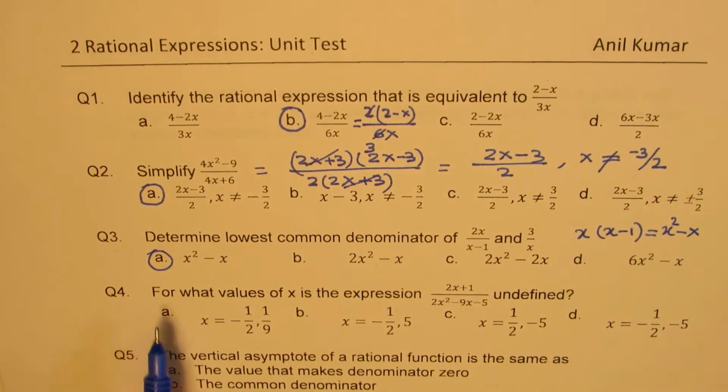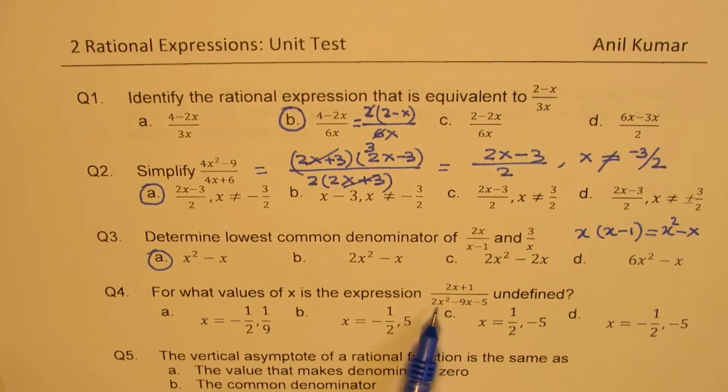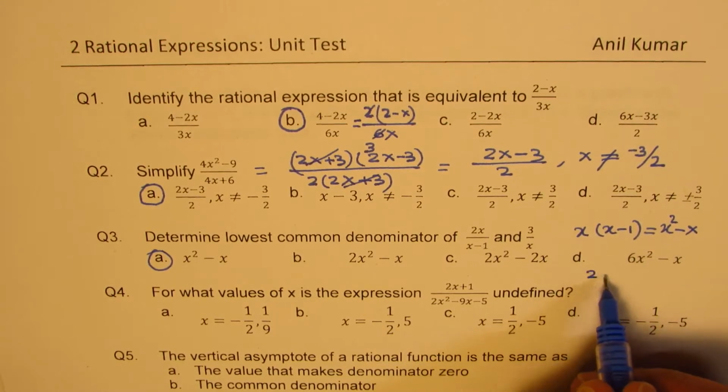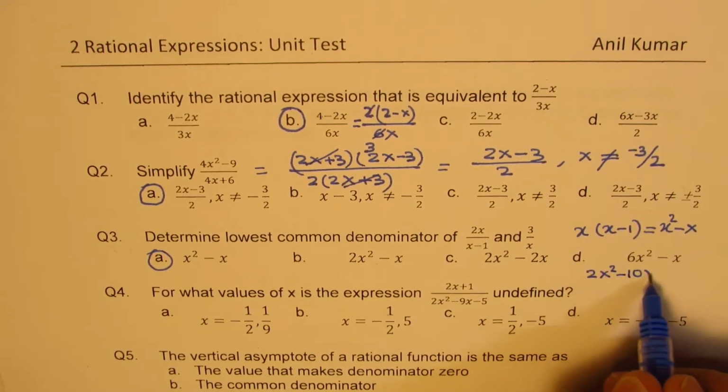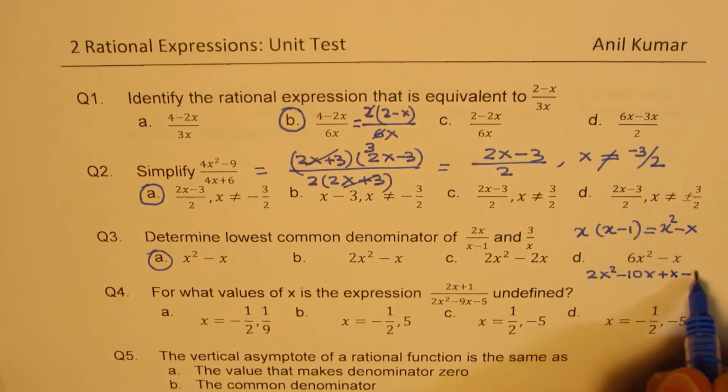Question number 4. For what values of x is this expression undefined? We need to factor the denominator and find our zeros. So 2x squared minus 9x minus 5. The product is minus 10, so we could write this as 2x squared minus 10x plus x minus 5.